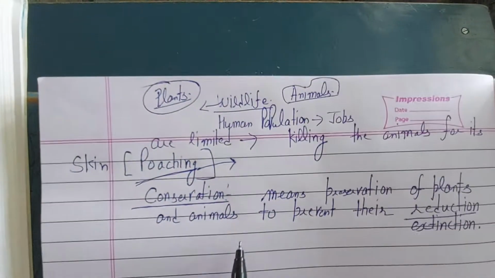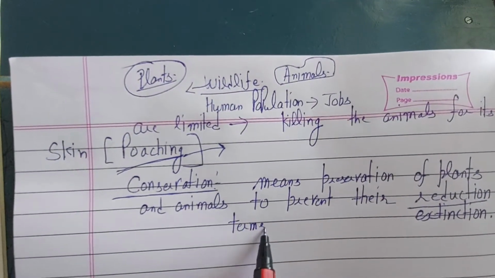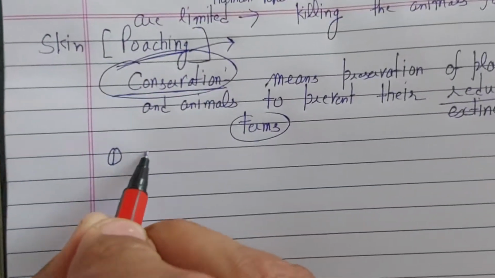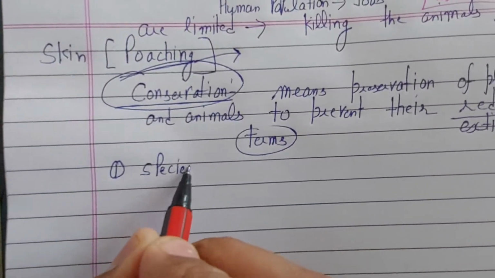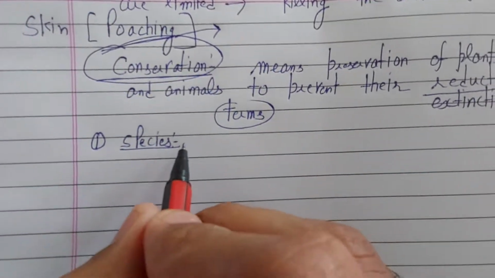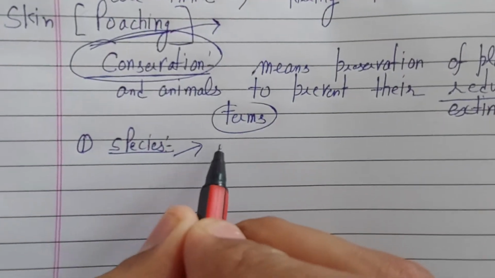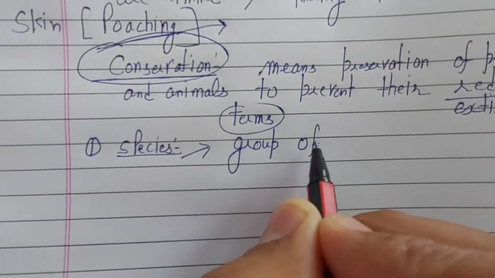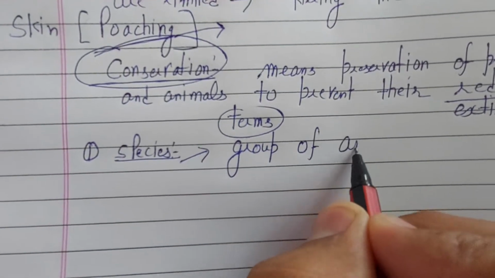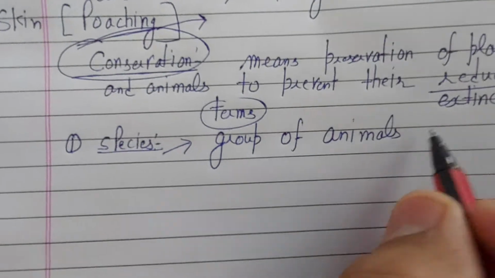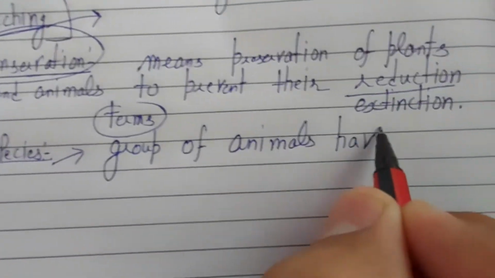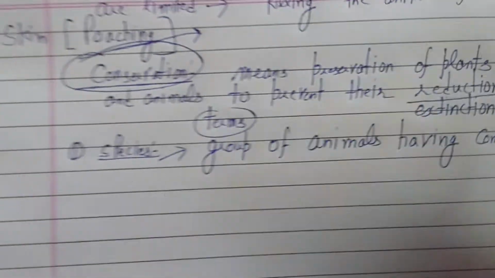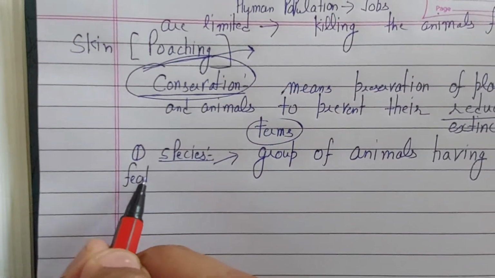Before discussing the conservation concept, some terms are there. The first term is species. Species means a group of animals having common features, like chimpanzee.